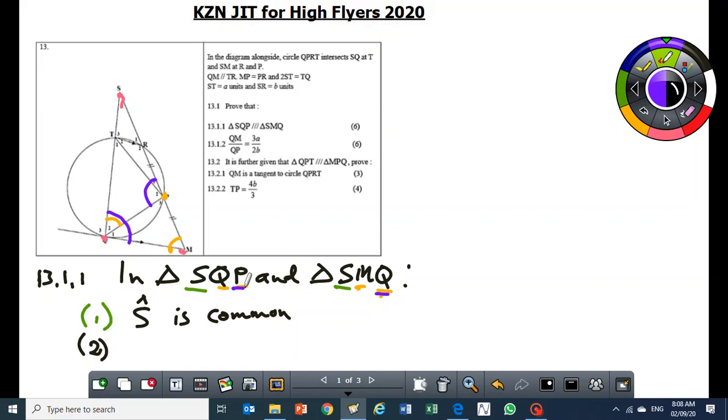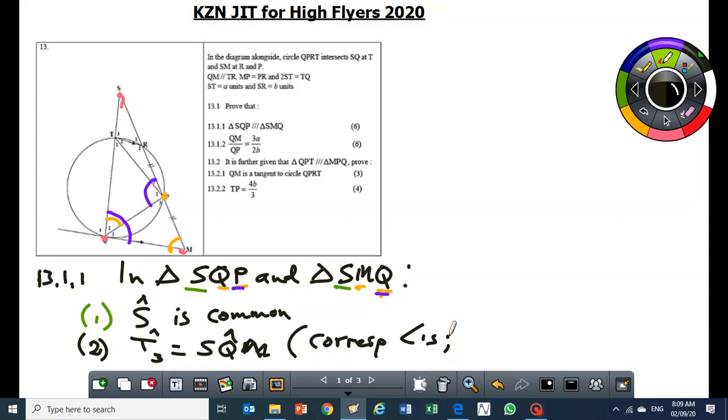Okay, so I'll write it down here. First thing, I'll say T3 is equal to angle SQM. My reason, corresponding angles. Then, please don't forget to state the lines that are parallel.